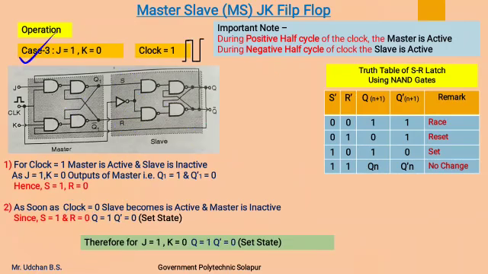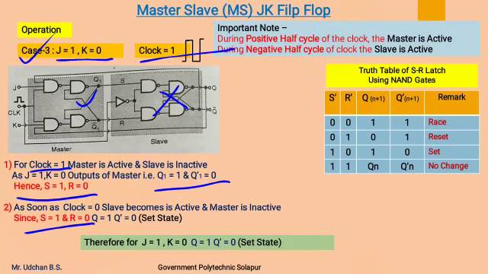Again, we will see the next case, that is J 1, K 0, and the clock is at positive level. For J 1, K 0, during the positive level of the clock, the master will be active and the slave inactive. At J 1, K 0, the outputs of the master, Q1 and Q1 complement, will be 1 and 0, that is they get set, by which the value of S will become 1 and the value of R will become 0. As soon as the clock becomes 0, the slave becomes active and the master becomes inactive.